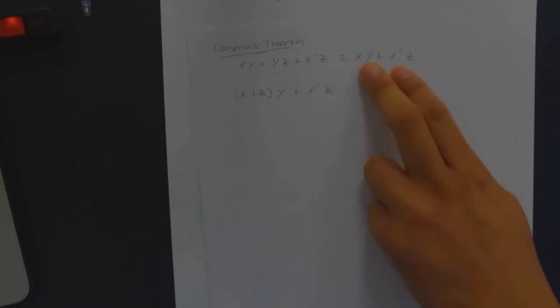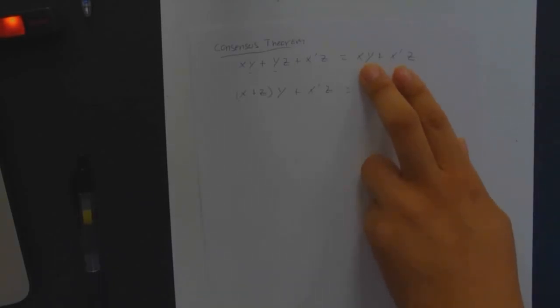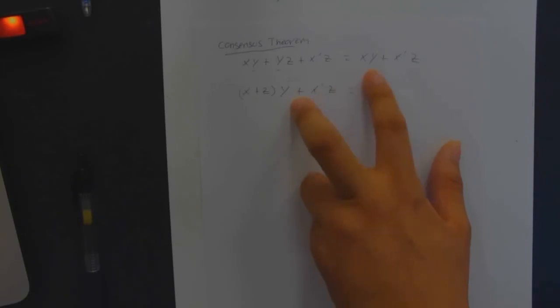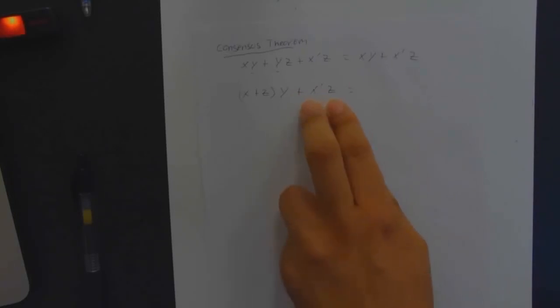So specifically, what is your question? Like, how does it work? You know, how did it go from there to there? I just want to see the transformation. Maybe distribute.